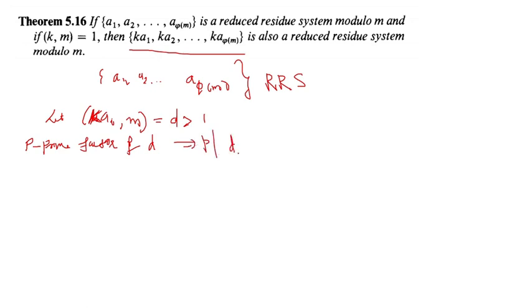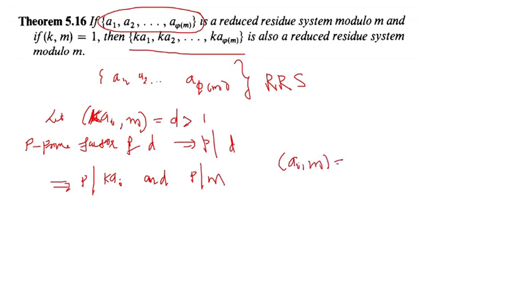Now, p divides d, and d is the GCD of kai and m. That means p divides kai and p divides m. Now, since GCD of ai and m is 1, because given that set a1, a2, etc., a phi of m is a reduced residue system, therefore GCD of ai and m is always 1 because they are relatively prime to m.